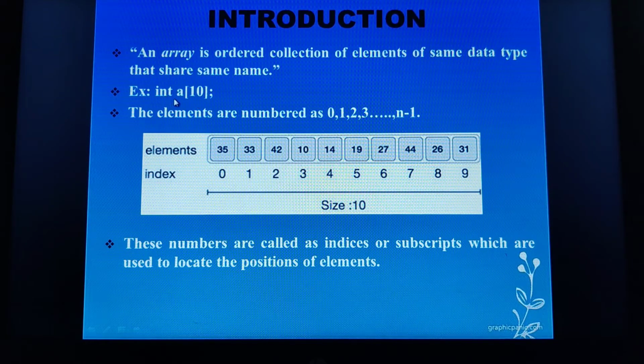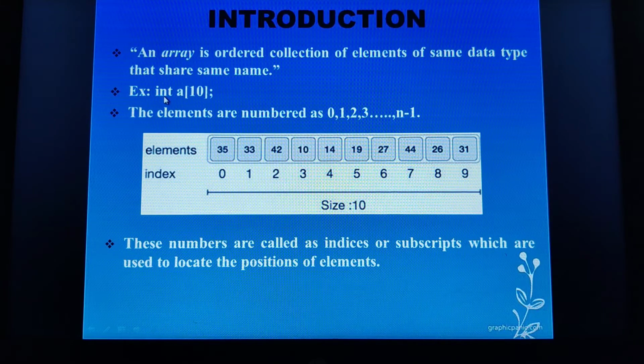What do you mean by the data type of A being integer? It means this array can hold 10 elements and all those 10 elements should be of the same data type.